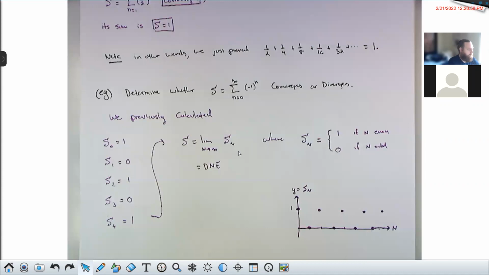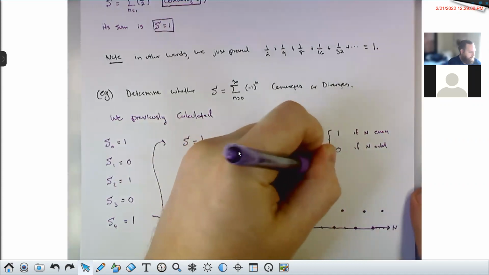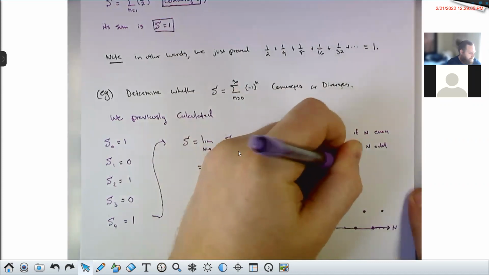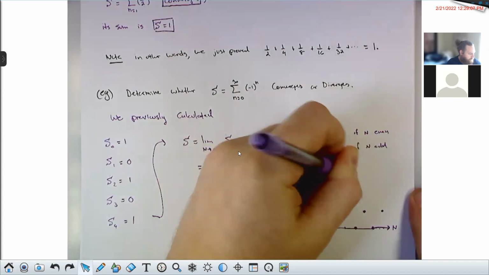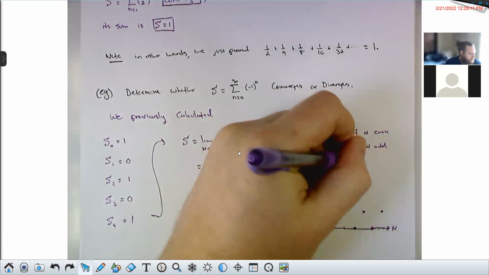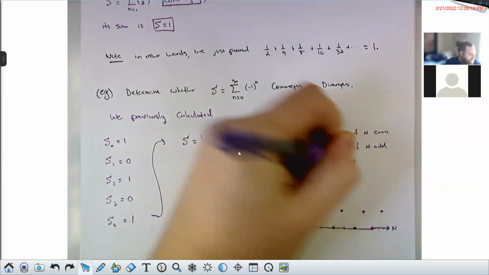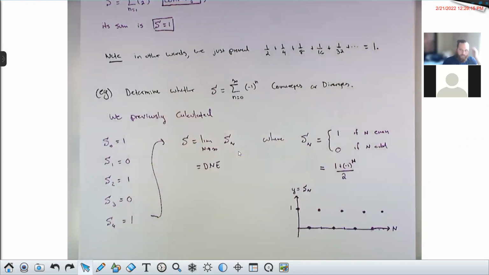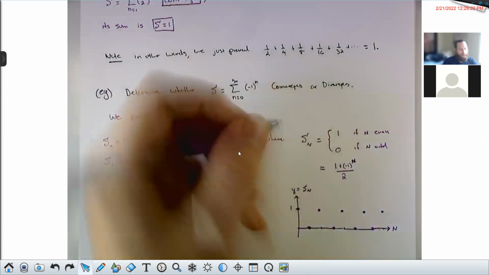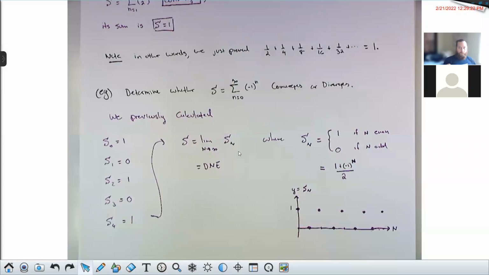If you do want a formula for the nth partial sum, I can find that for you. It's going to be (1 plus (-1)^N) over 2. You can check that this works. If you plug in an even number for capital N, this is 1 plus 1 over 2, which is 2 over 2, which is 1. If you plug in an odd number for capital N, it's 1 minus 1 over 2, which is 0 over 2, which is 0. So this formula does work if you wanted to just jump in with that. And this piece is the piece that gives the DNE.